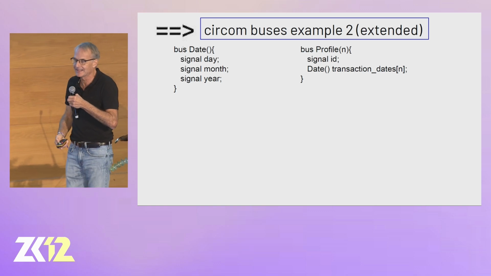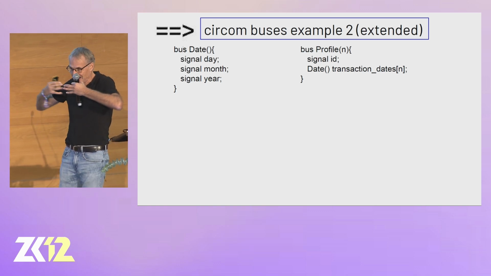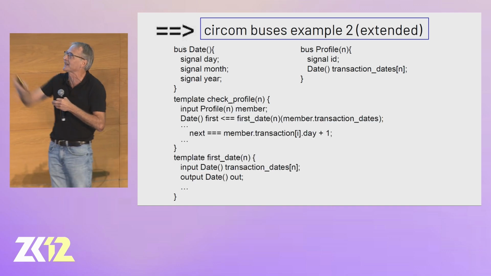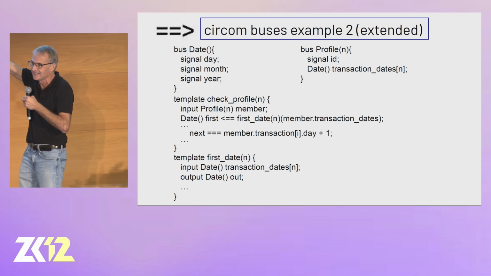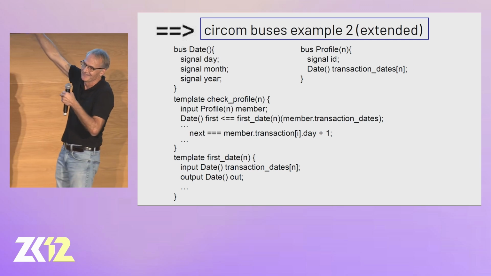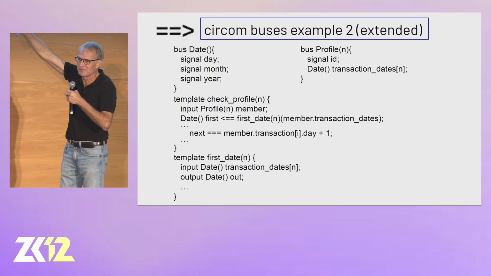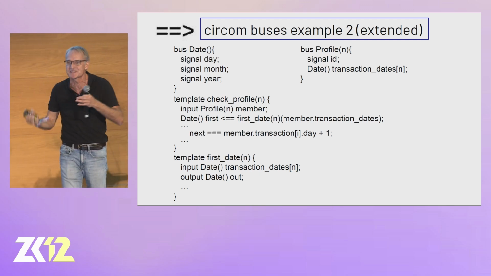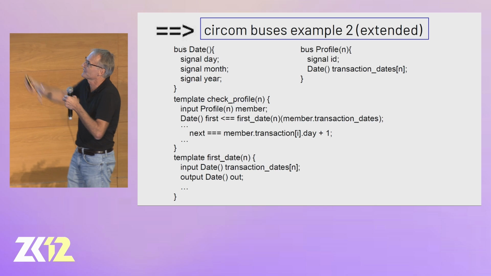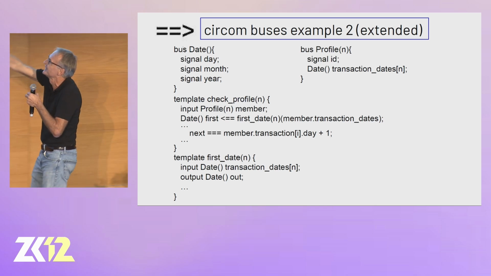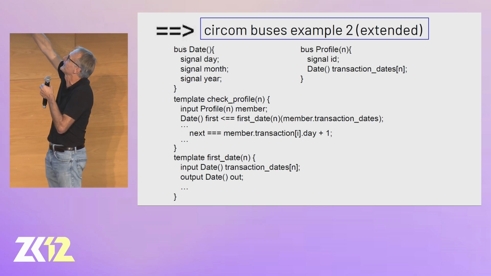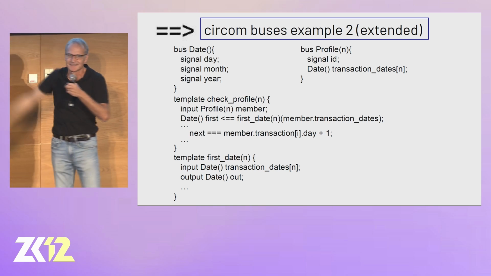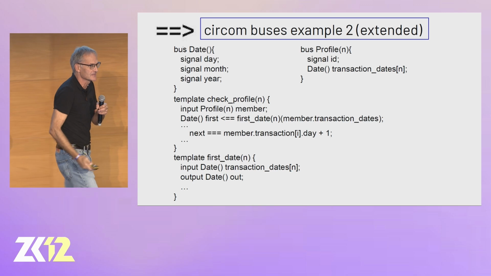parameter. And the nice point is that everything fits well with the templates, because, for instance, here I can define a template with a parameter n that uses an input with the same parameter, and then everything will work well with the sizes of things and so on. And then, of course, you can call another template with the same n, and I pass the field of the array of dates, and everything matches the types, and everything compiles.